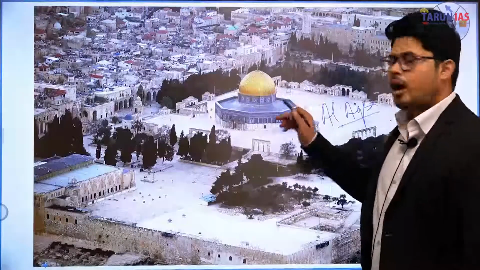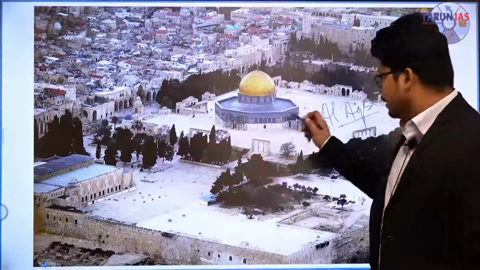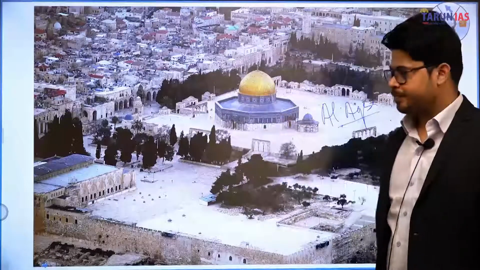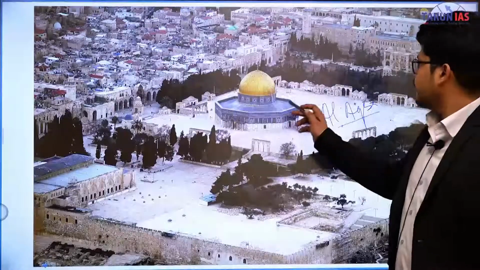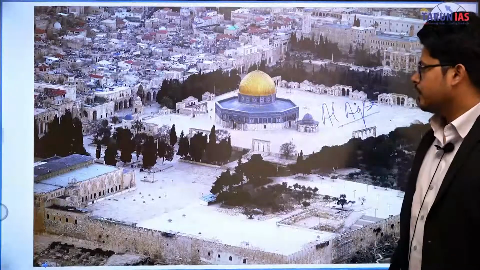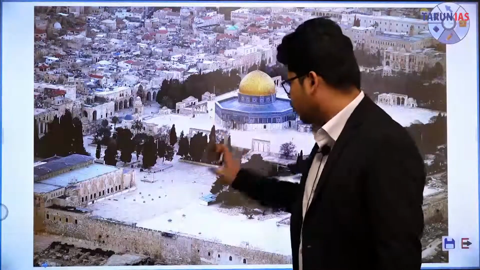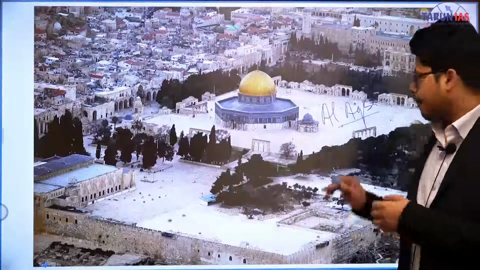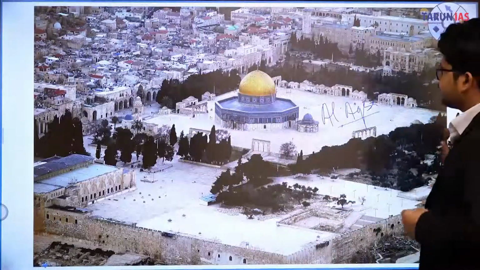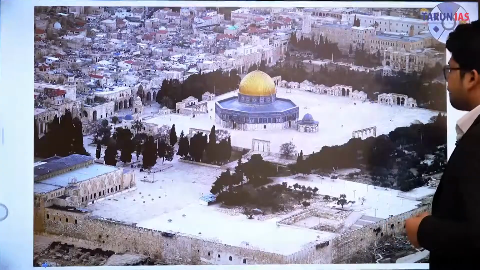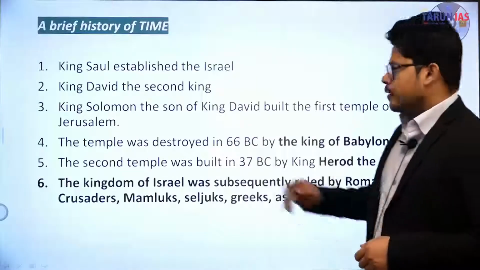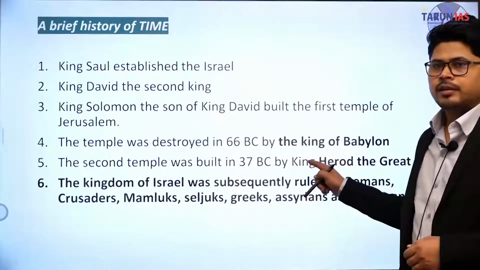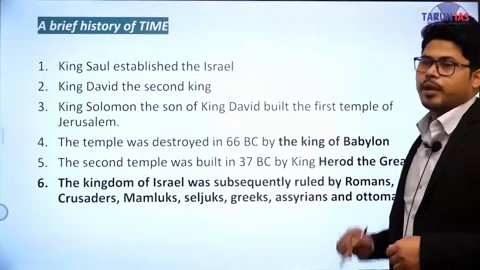And that is why, after Mecca and Medina, this place is of very high reverence to Muslims all across the world. And you can see why there is a conflict, because they are on the exact same position. What happened was the first temple that we saw in the last slide was destroyed in 66 BC by the king of Babylon.